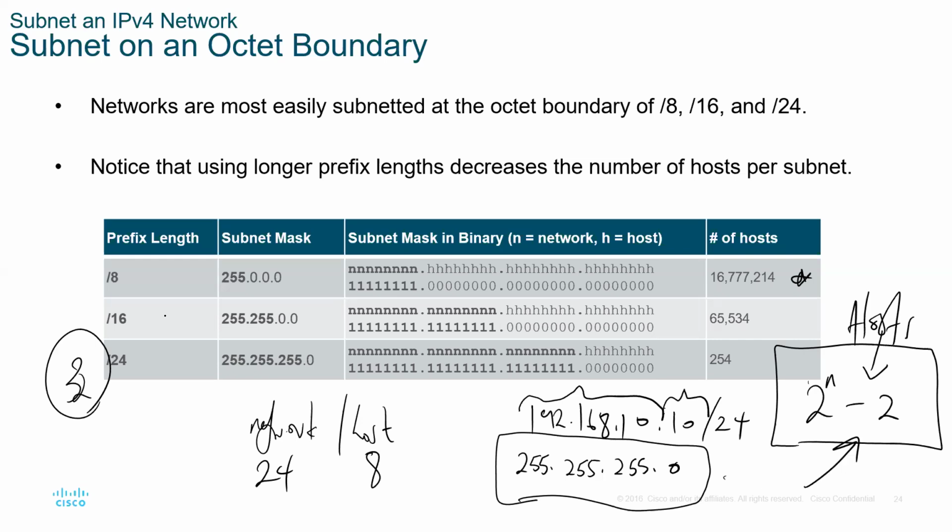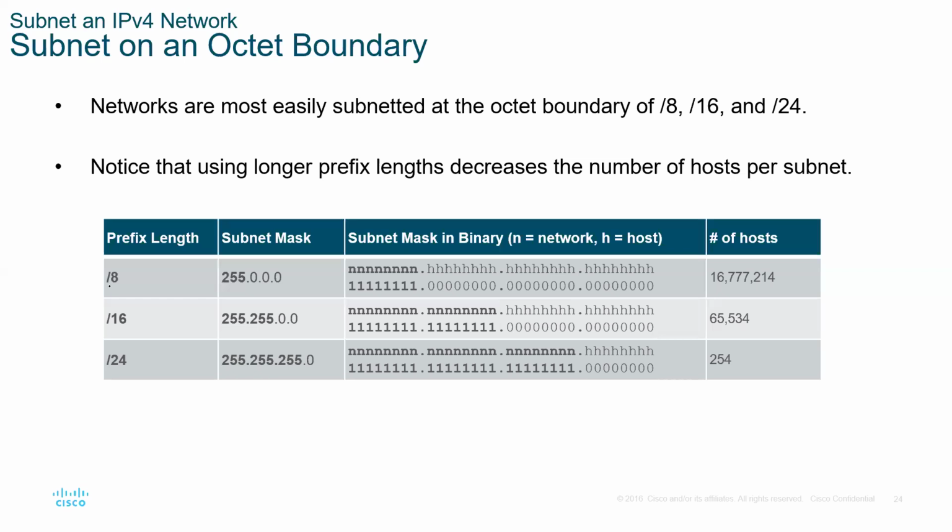Coming to the example that we have here, if you have a /8 prefix length, it means you have 8 bits being used for the network, which means 24 bits being used for the host. If you calculate 2 to the power of 24 minus 2, this is what you get: the number of hosts that the network can have. Using longer prefix lengths decreases the number of hosts.